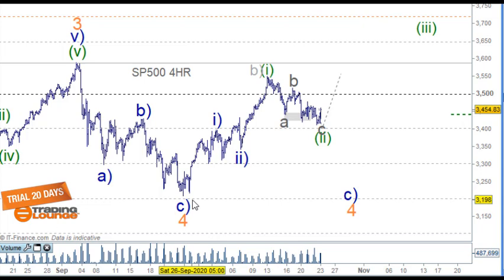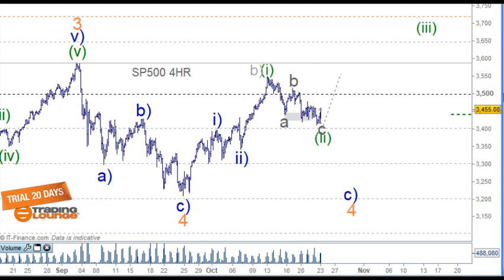But it also means, because we've got 3 waves here, we could also look at wave B here in 3 waves, an A and a B and a C wave for wave B, and then going down for wave C here. So that's not really off the table just yet either.